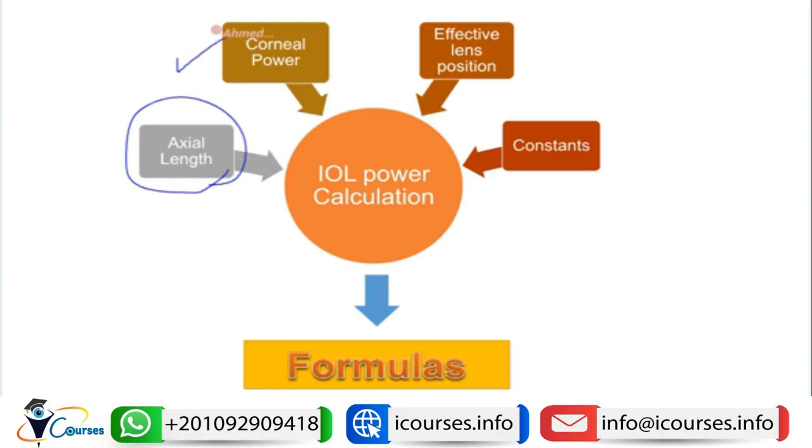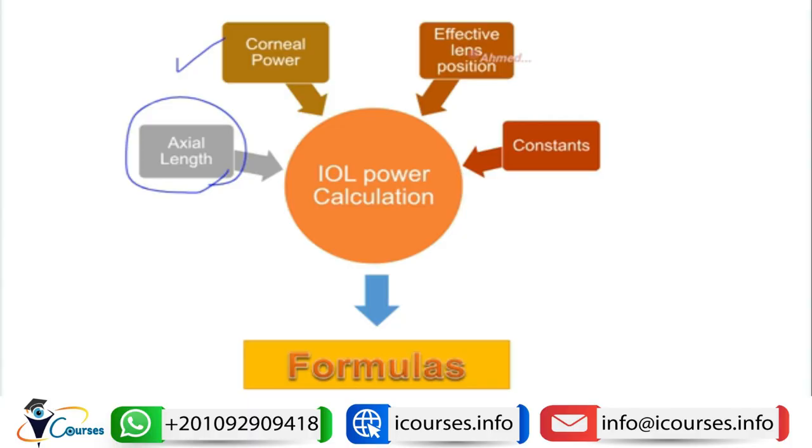Then we have the corneal power. And there was a new term called effective lens position, which is the position of the lens in relation to the iris and the retina, which in some of the early formulas corresponded to the anterior chamber depth. And finally, there is a constant which will be different according to the IOL material and design. This is called the A constant.